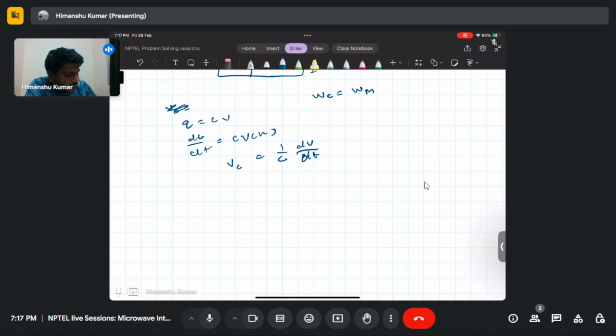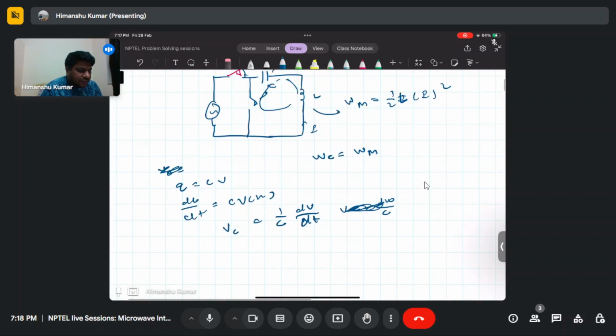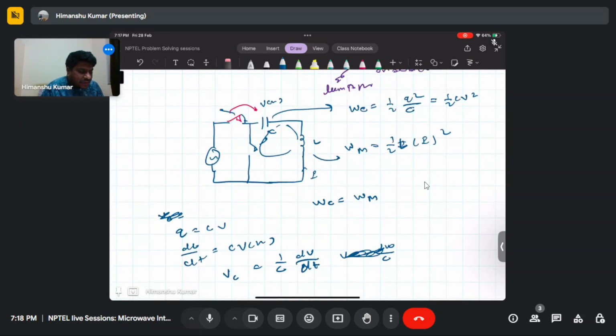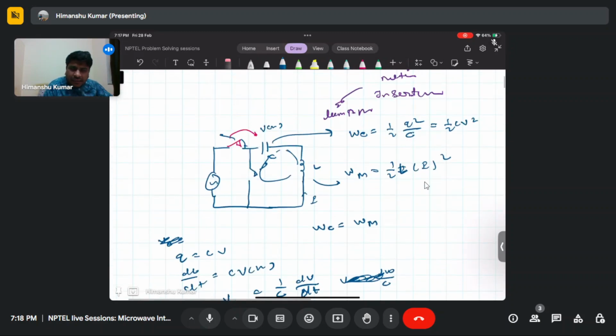Instead of the full time-domain equation, you can write it in terms of a sinusoidal oscillating voltage, with j omega by C. Similarly, you can write this in terms of current.